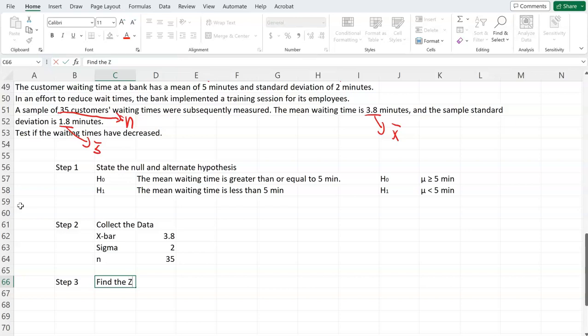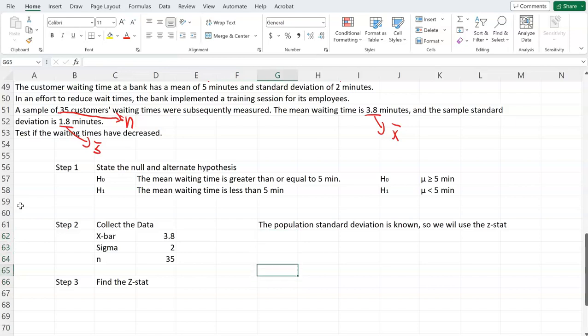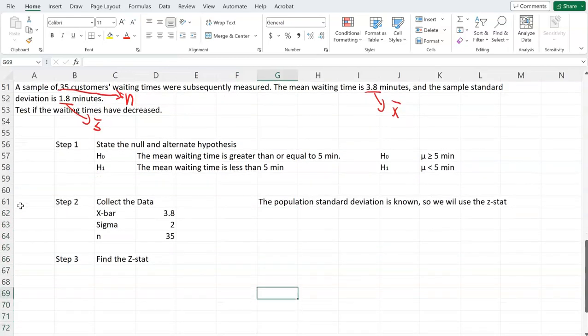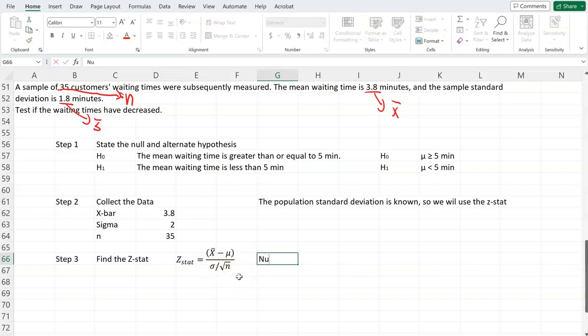Now in our case, we are going to find the Z statistic because, since the population standard deviation is known, we can use the normal distribution. And so our formula for Z stat is X bar minus mu divided by sigma over square root of N. So let's calculate the numerator and the denominator.